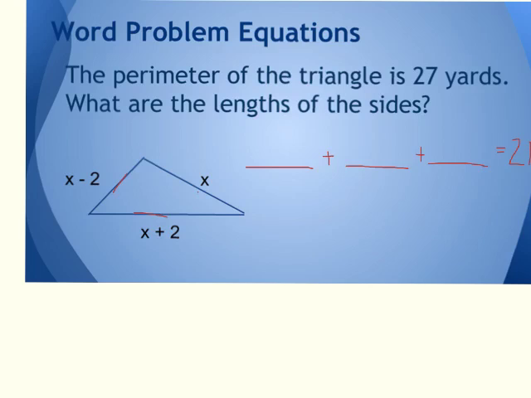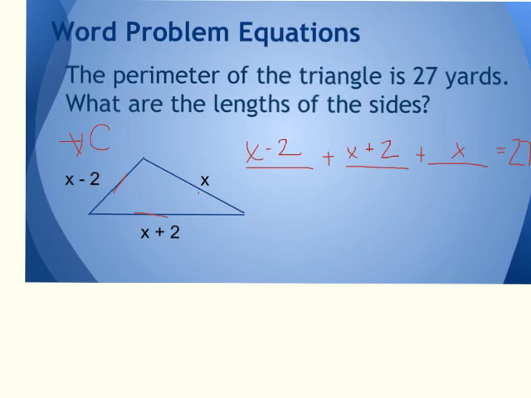Okay, so let's plug in what it says for side, side, and side. x minus 2, x plus 2, and x equals 27. Now how do I solve for x when there's all those x's?